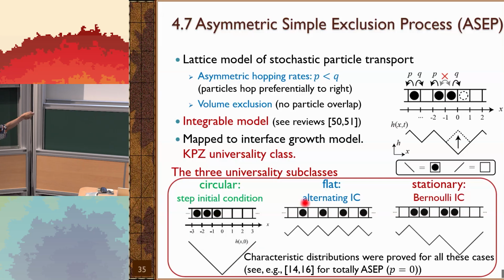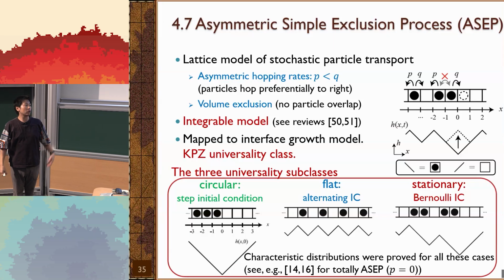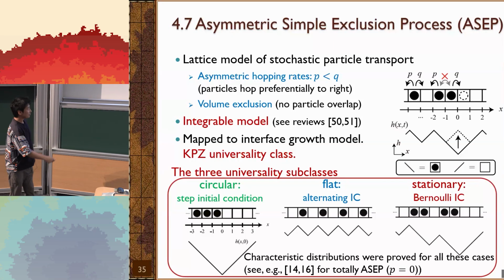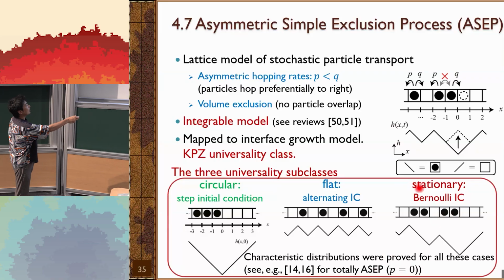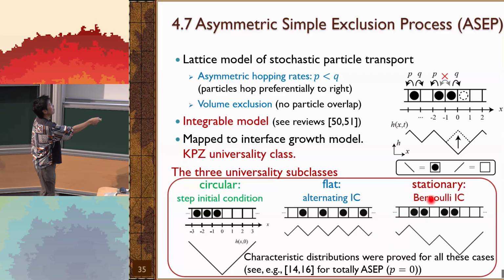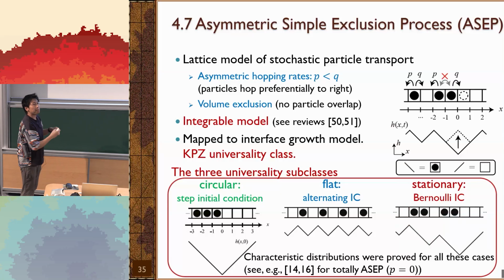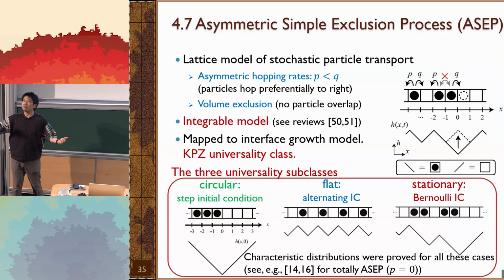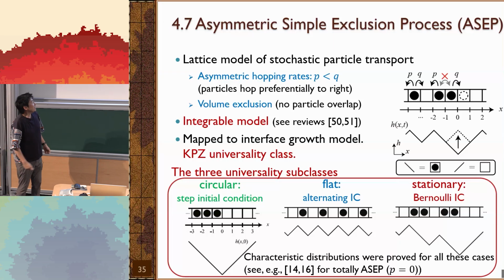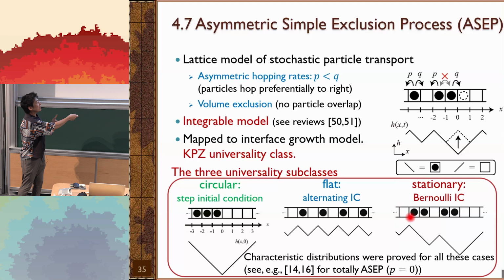To get the flat case, you can consider this kind of alternating initial condition. And then this is mapped to this kind of zigzag interface profile. And it's on average flat. So it shows flat behavior. In the stationary case, the stationary measure of the ASEP is exactly known, and it is known to be a Bernoulli measure. So basically, you choose whether each site is occupied or unoccupied by some probability, let's say 50-50, and you just decide it independently for each site.